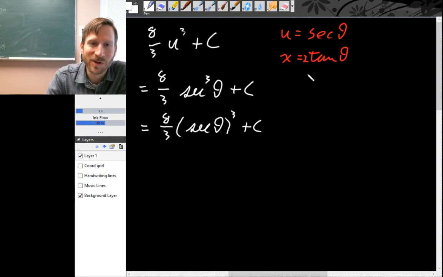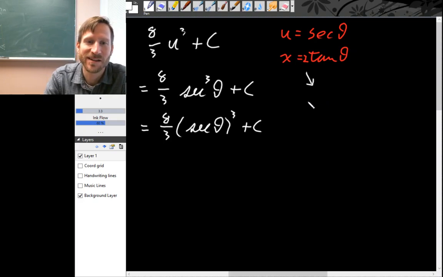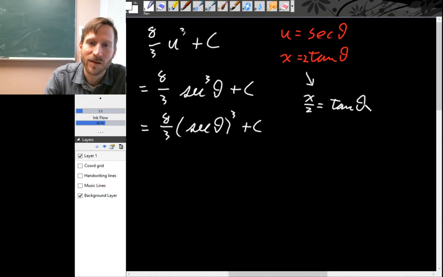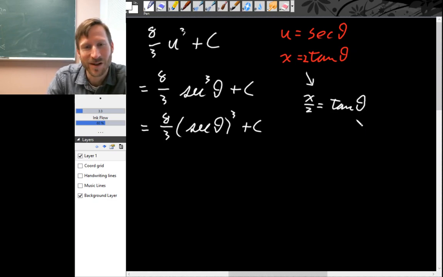Okay, well, here's one way to do that. If we take this substitution equation, solve it for tangent theta, we get x over 2 equals tangent theta. Okay, but we need to get secant theta into the game here.